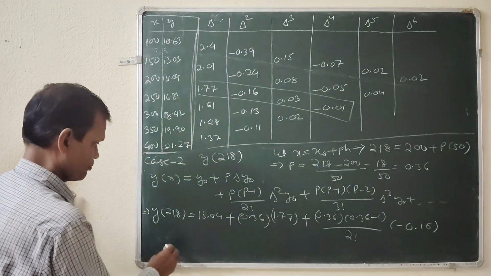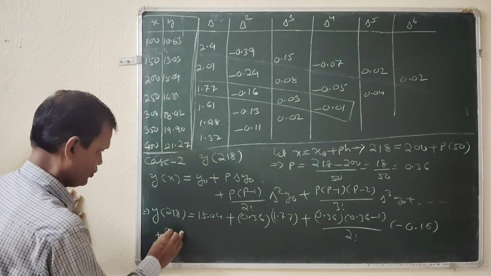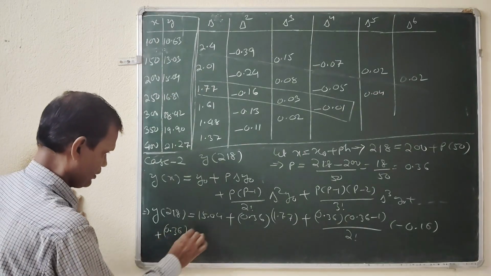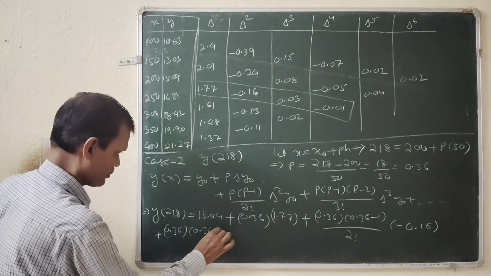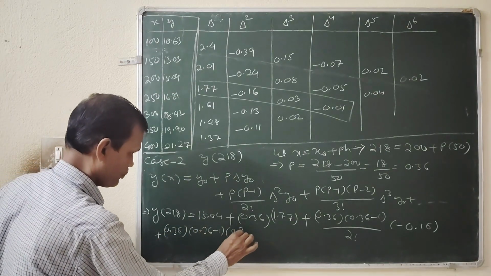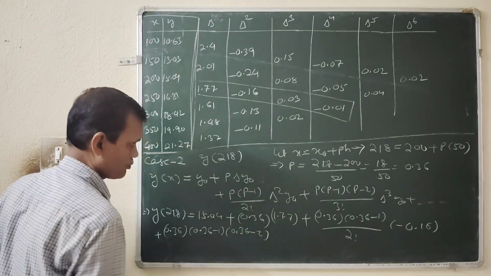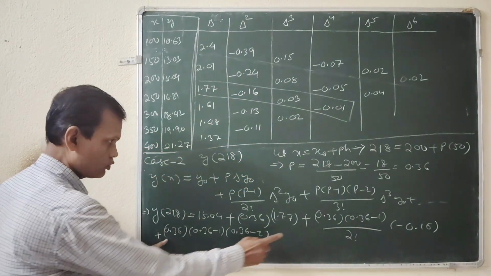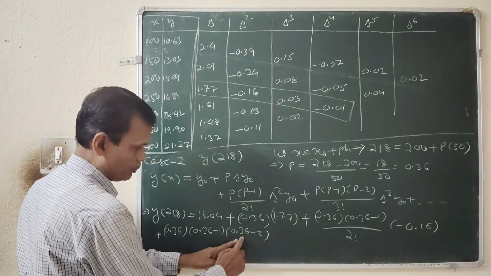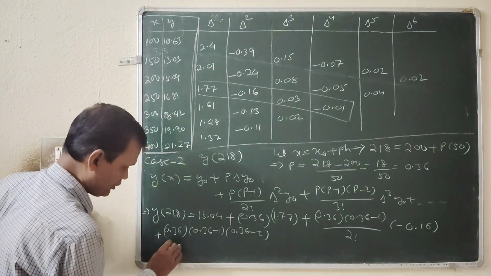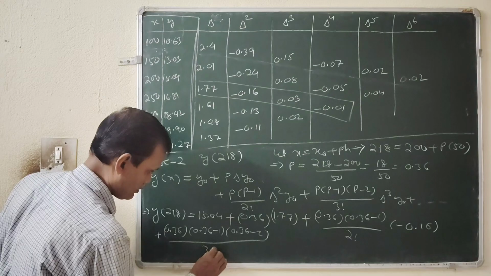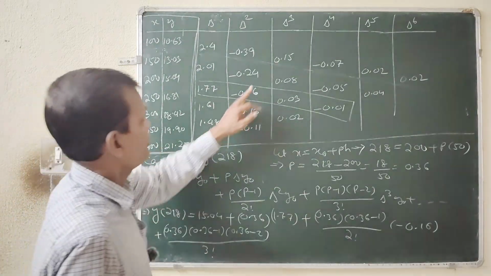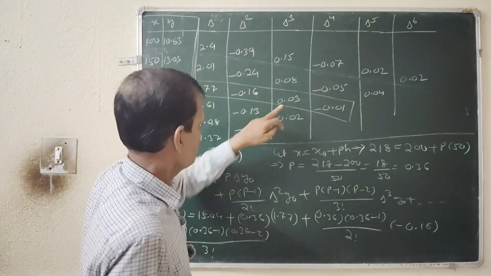Then plus 0.36 into 0.36 minus 1 into 0.36 minus 2. Here we have written three terms, so that is 3 factorial. So you write third order. For this problem, third order is 0.03.